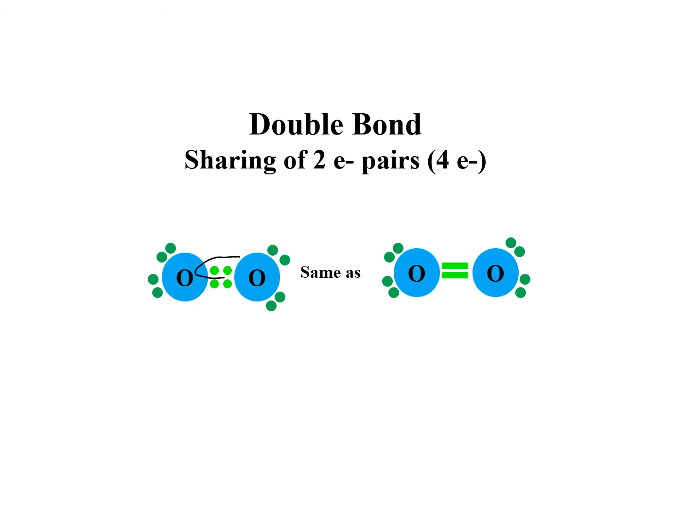So whenever we're sharing a pair of electrons, we draw that as a single line, a single bond. If there's two of them, two pairs represents the double bond here. And so double bonds again are going to be shorter than a single bond. So if I wanted to say this is a single bond, my double bond would be shorter than that. So you actually have powerful microscopes that can measure the distance between the atoms to determine the length of the bond. So double bonds are shorter than single bonds.